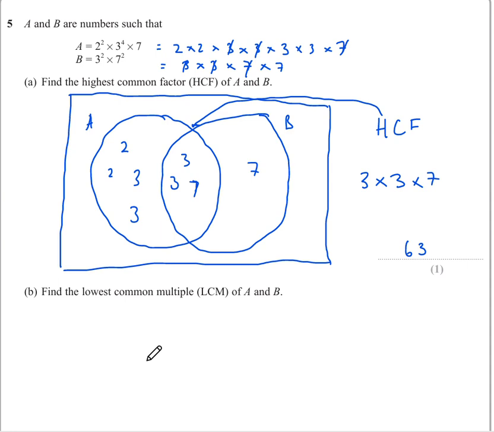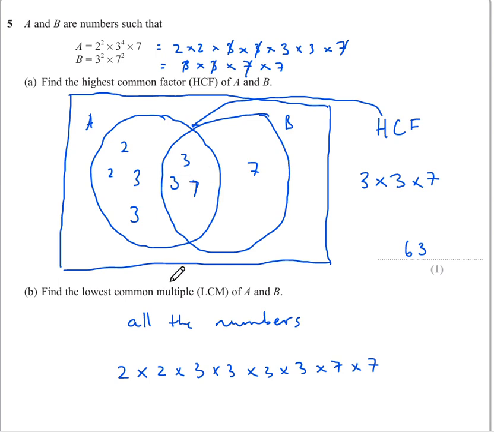To find the lowest common multiple of A and B, I've done a lot of the work, so I can use this Venn diagram again. This time, the lowest common multiple is all the numbers multiplied. So 2 times 2 times 3 times 3 times 3 times 3 times 7 times 7.